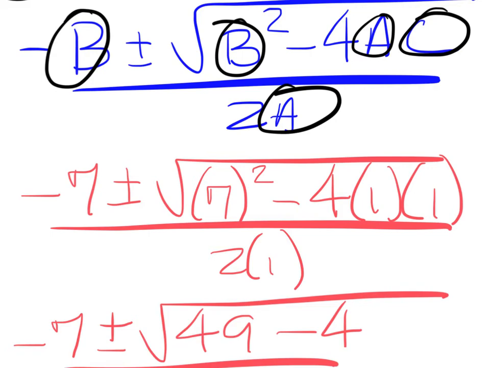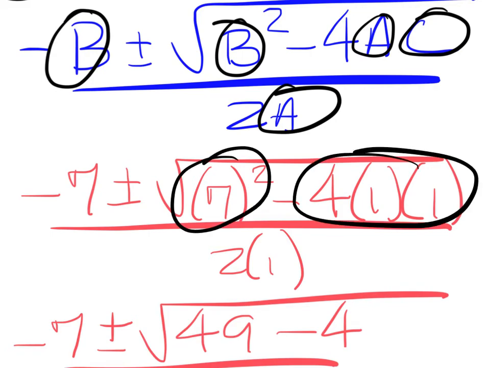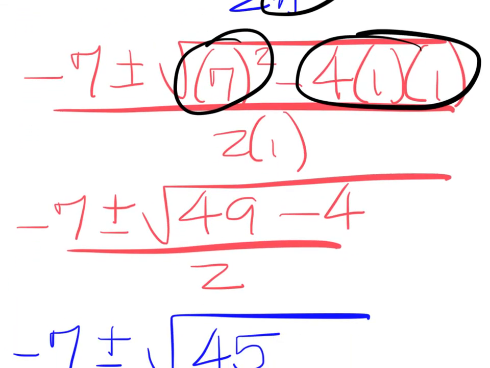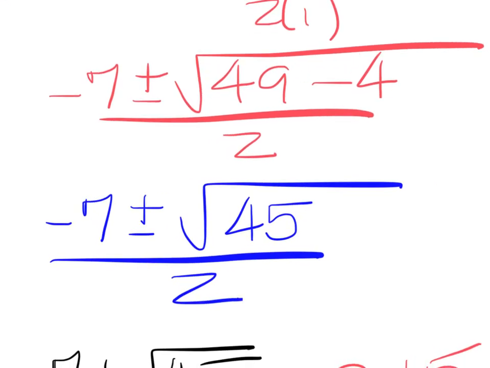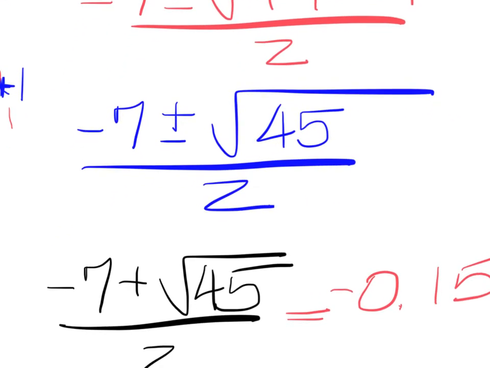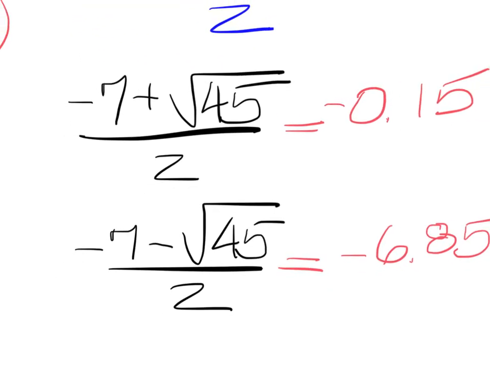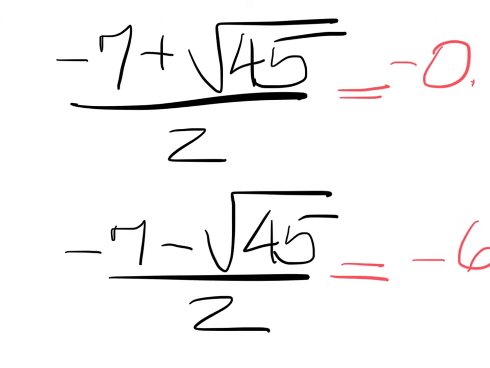We simplified this part, that's 4. And this part is 49. So that's how we have 49 minus 4 under the square root sign, which comes out to be 45. When you get to this point in the problem, you have 2 problems to do. One with a positive sign, one with a minus sign.